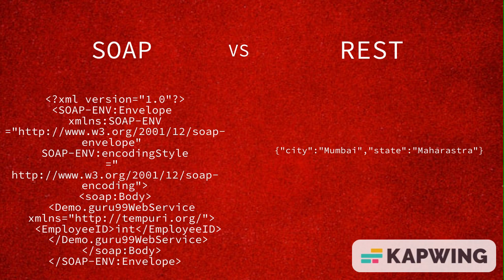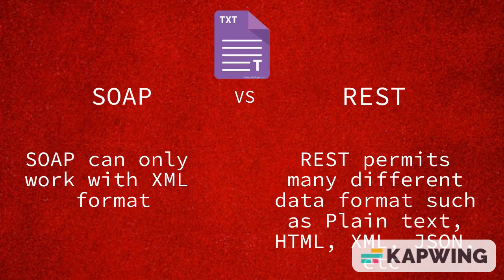Like on the left we have XML, which is way bigger than the size on the right for REST, right? And then moving on, SOAP can only work with the XML format, as we have seen, while REST comes with many different formats like plain text, HTML, XML, JSON, etc. But the most preferred format for transferring the data is JSON.